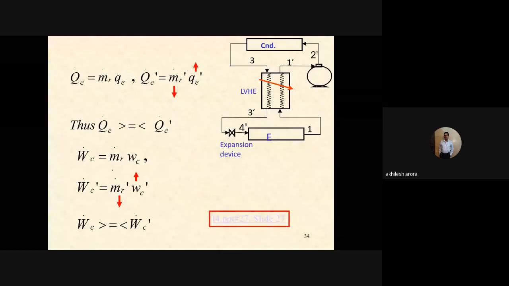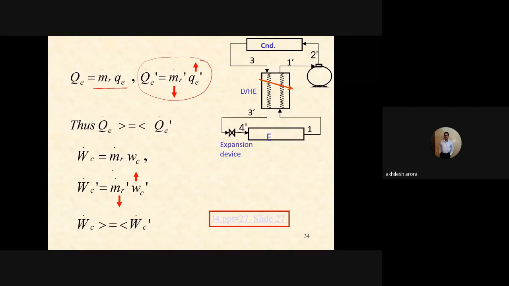So let us see what happens to the cooling capacity now. The cooling capacity is given by mass flow rate into specific refrigerating effect. So in the second case, when the liquid vapor heat exchanger has been installed, you can see the specific refrigerating effect has increased, whereas the mass flow rate has gone down.